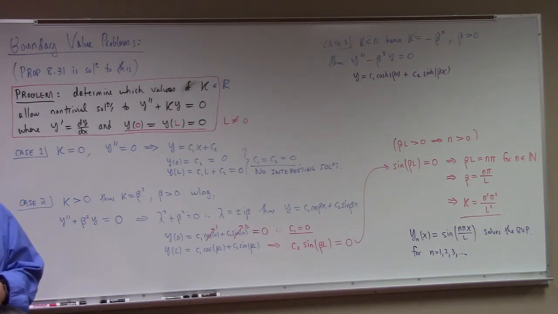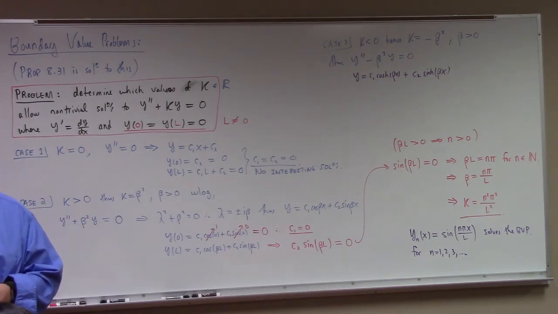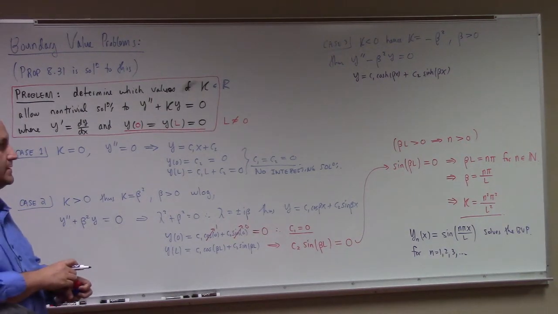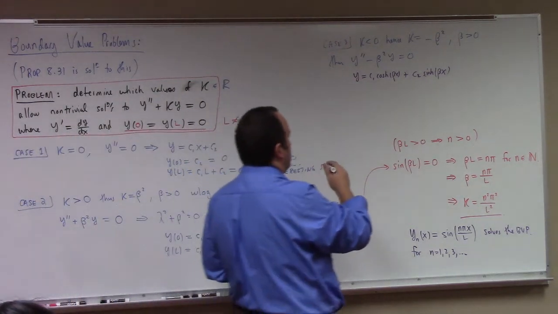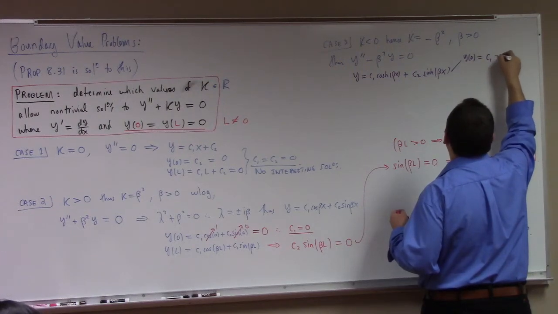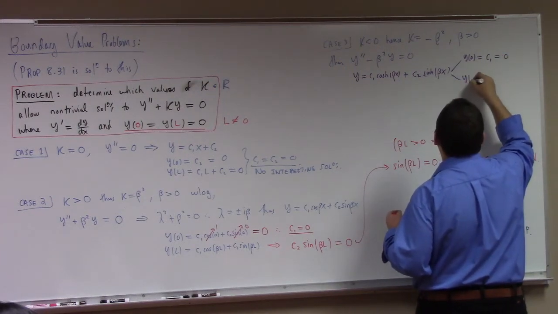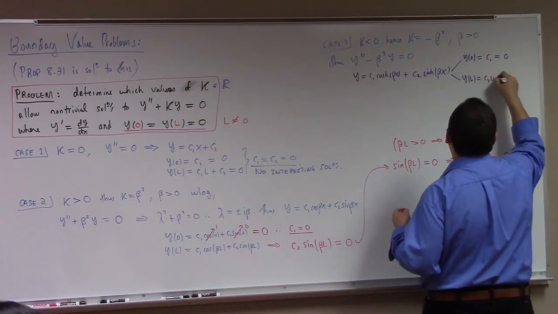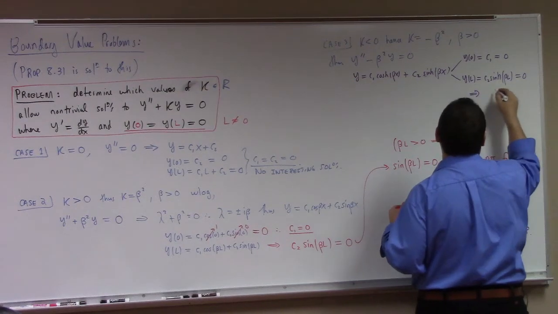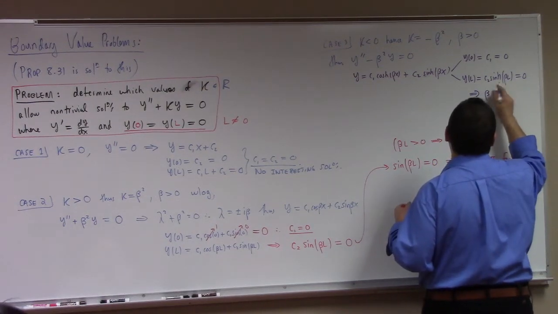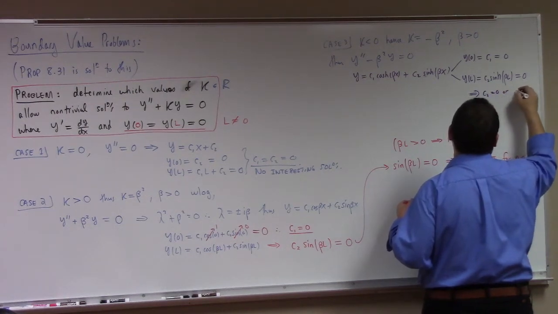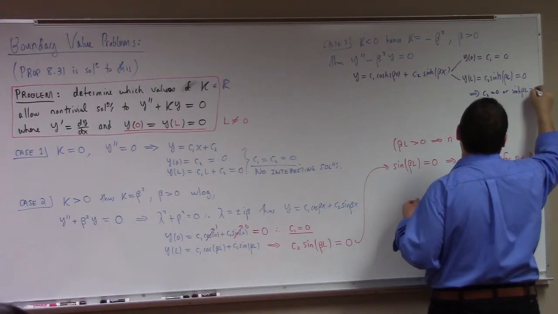Certainly you can rewrite e to the beta x and e to the minus beta x in terms of cosh and sinh. This is an equivalent way of characterizing the general solution, which serves our purposes here because when you look at y of 0, you get c1, and when you look at y of L, you get c2 sinh of beta L equals 0, which implies either c2 is equal to 0 or sinh of beta L is equal to 0.